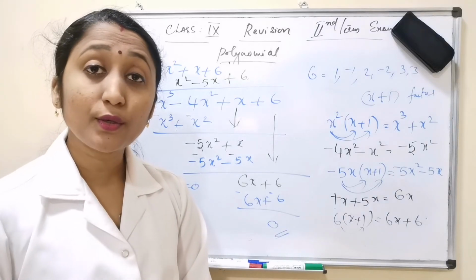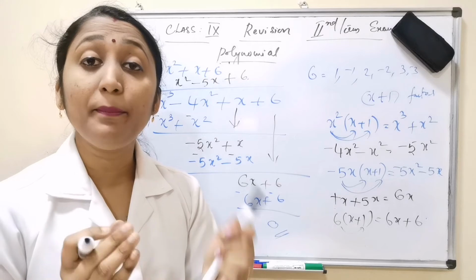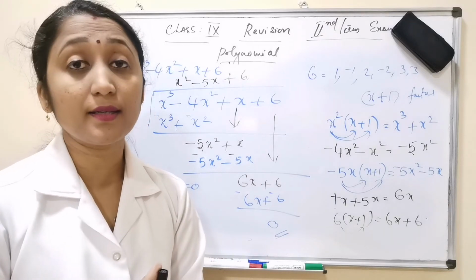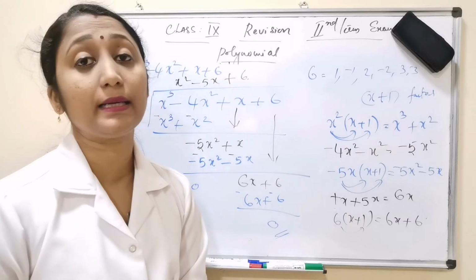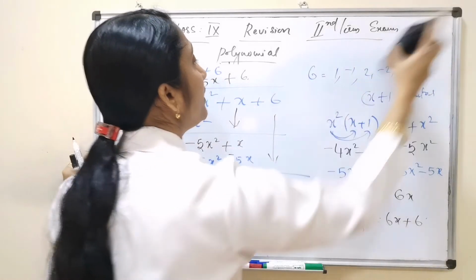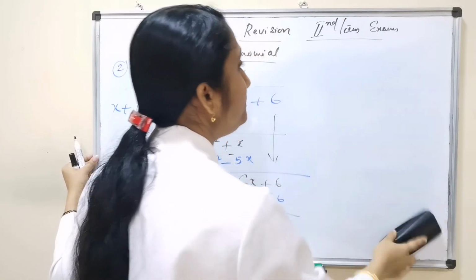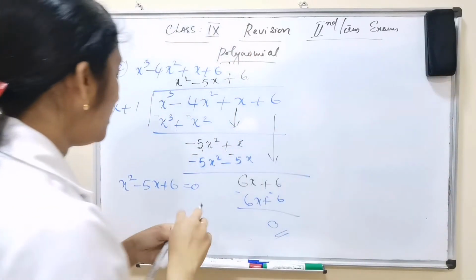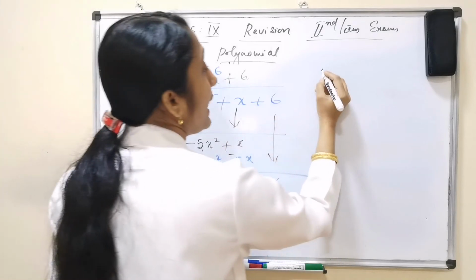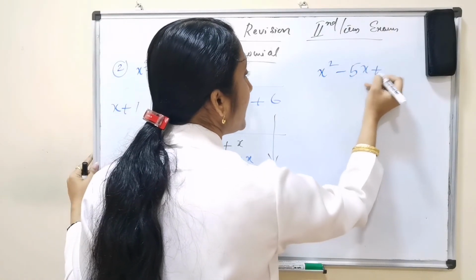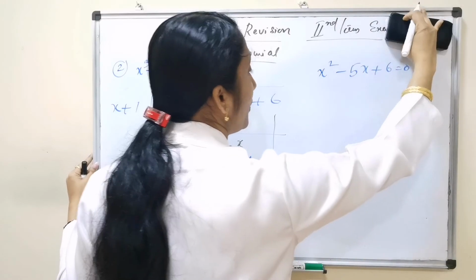Next step we want to find the remaining factors using splitting the middle term. Let us see how to do. Here x square minus 5x plus 6 equal to 0.